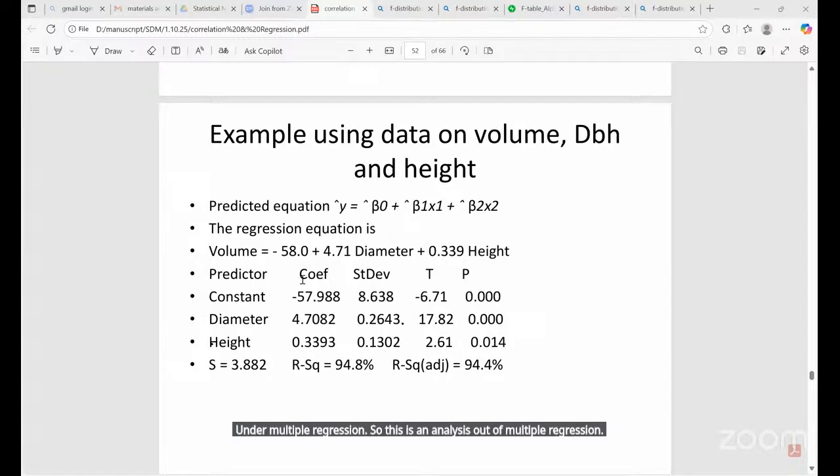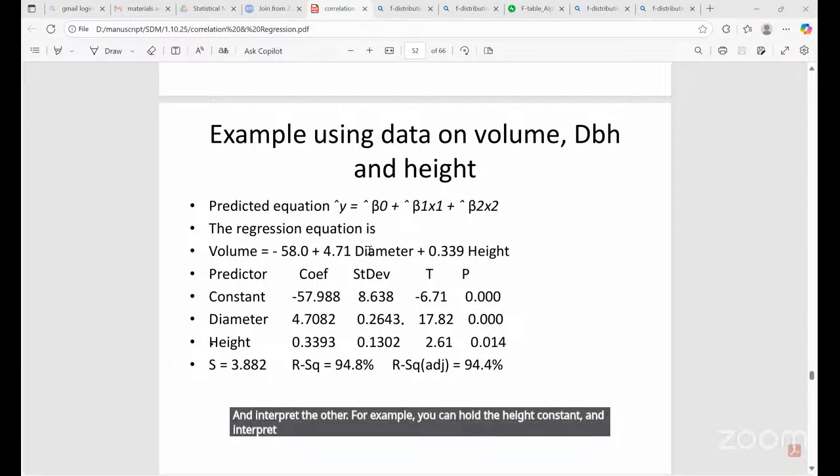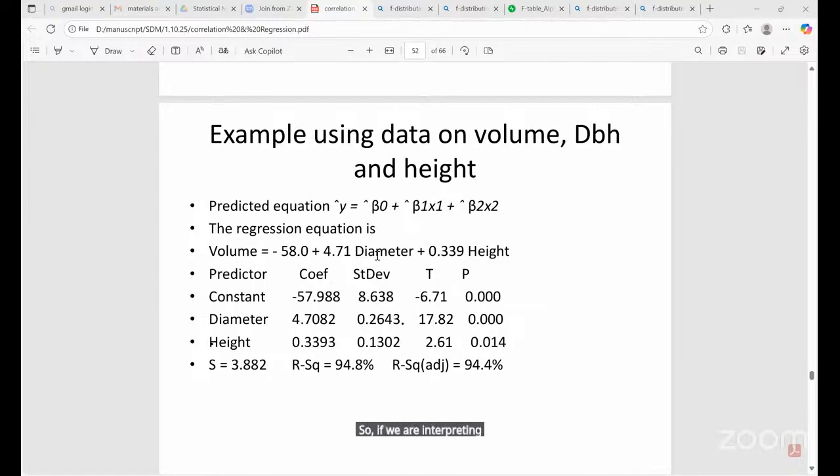And the most important thing here is how do we interpret this regression line or equation. So with multiple regression, you hold one independent variable constant and interpret the other. For example, we can hold height constant and interpret diameter. So if we are interpreting diameter, for every unit increment in diameter, volume increases by 4.71.